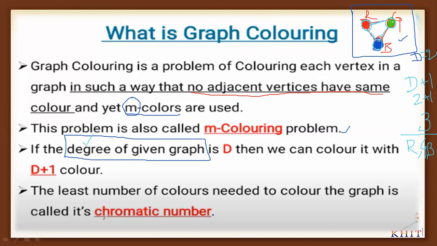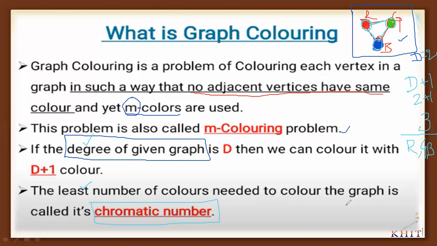Next, what is meant by chromatic number? Now we will see the definition of chromatic number. Chromatic number means the least number of colors, that is, the minimum number of colors required to color the given graph.